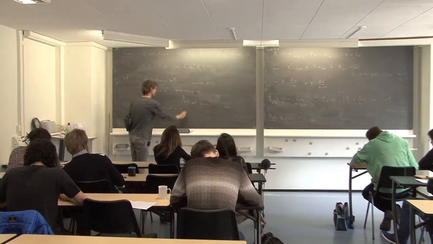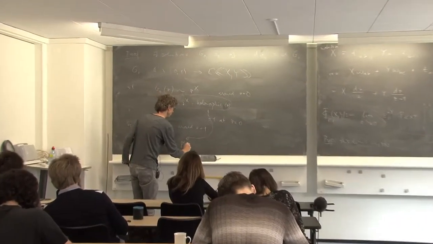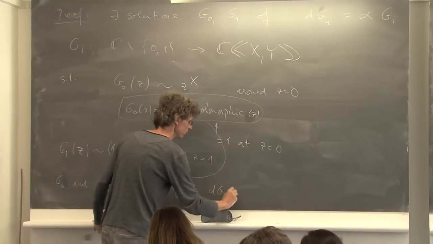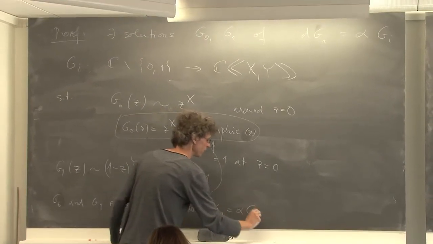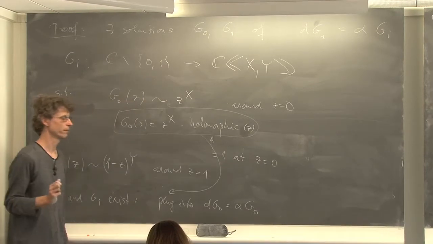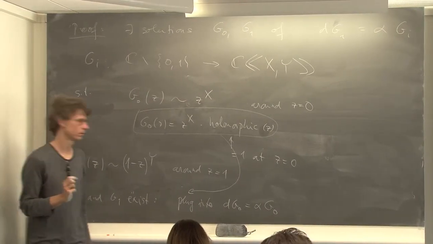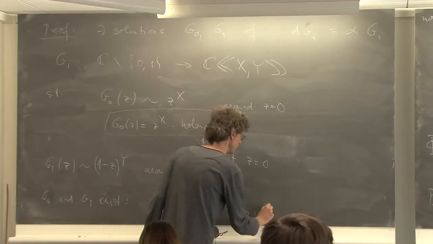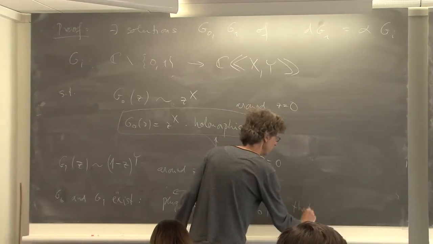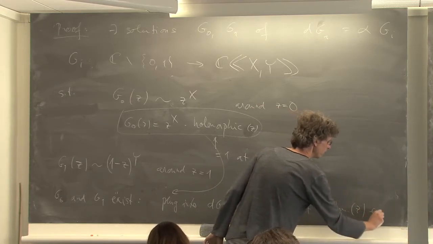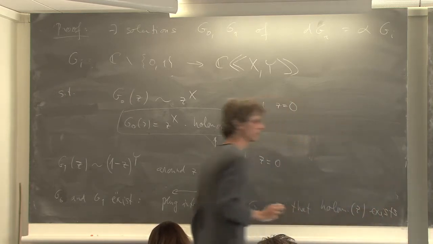Plug it into the equation dG0 equals alpha G0, and see that it has a solution for the holomorphic part.